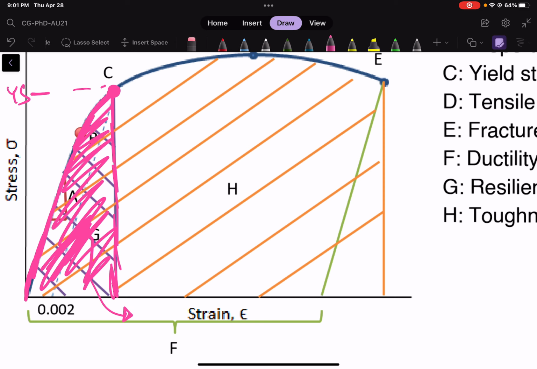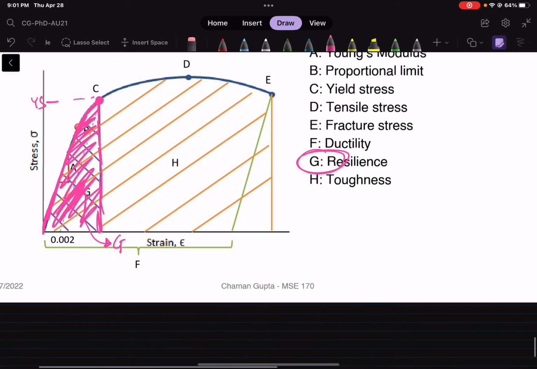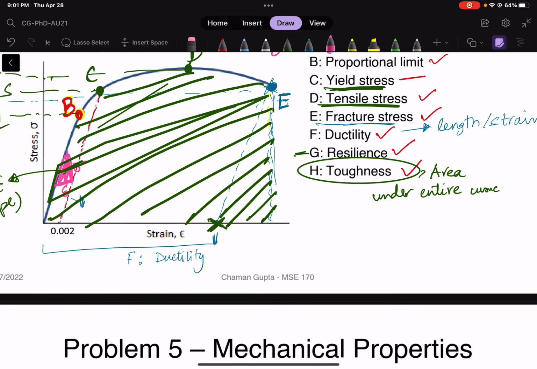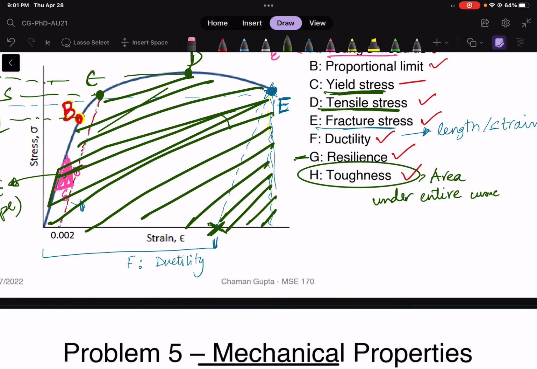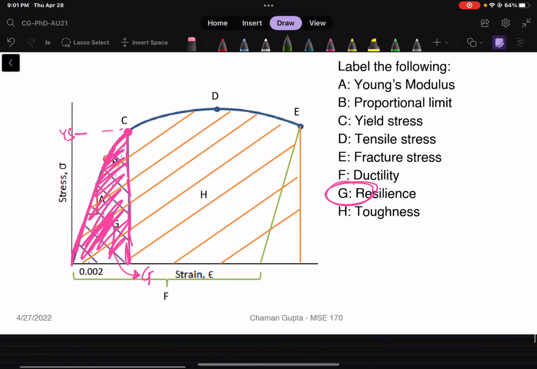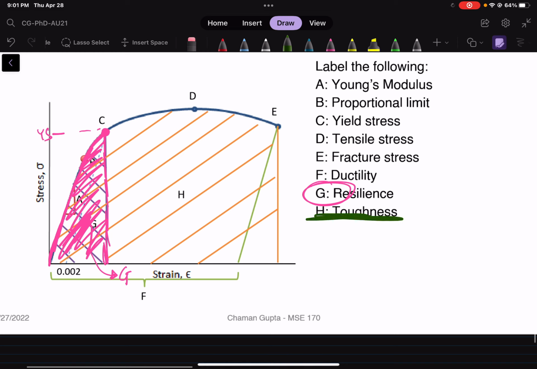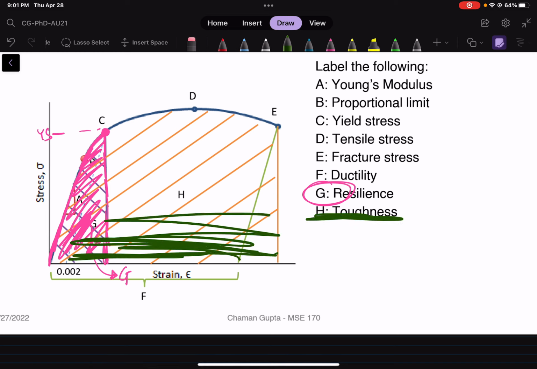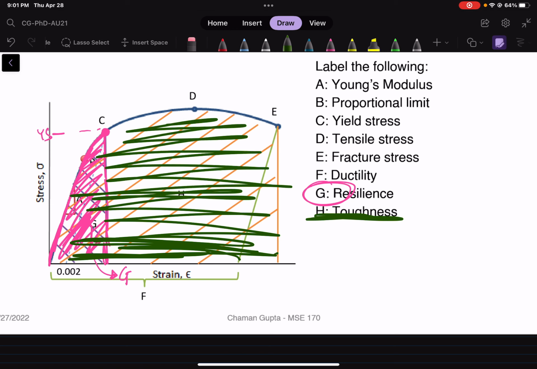So this entire thing is G, or resilience. And again, remember the toughness is the area under the entire thing till the fracture point, right? So this H over here, toughness, is this entire area that I'm trying to shade over here till your fracture point from the very beginning.